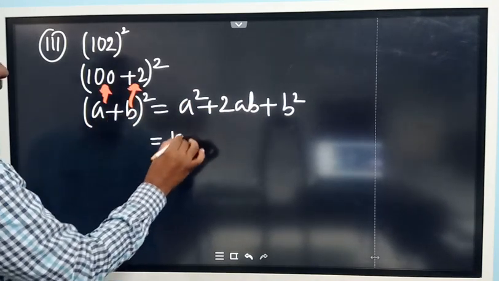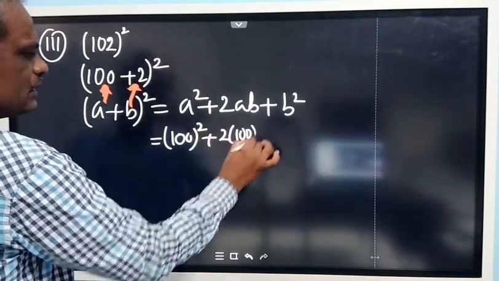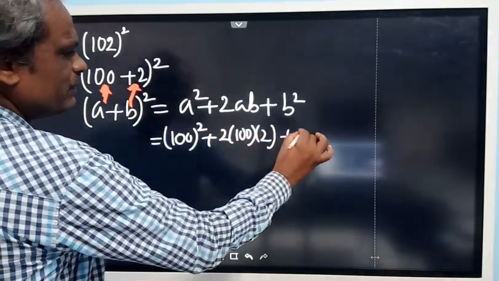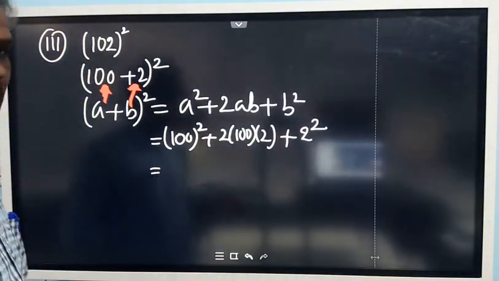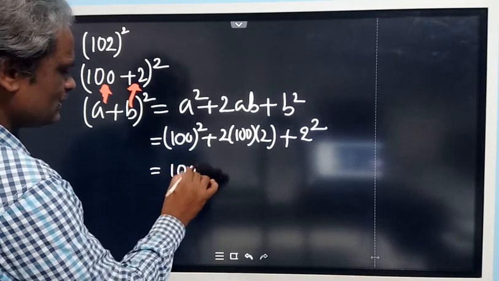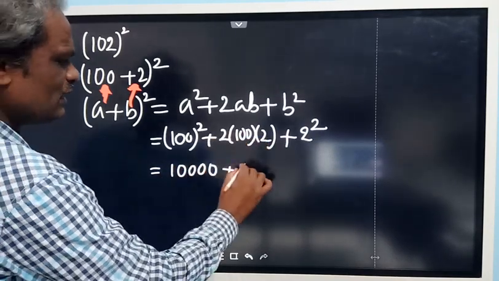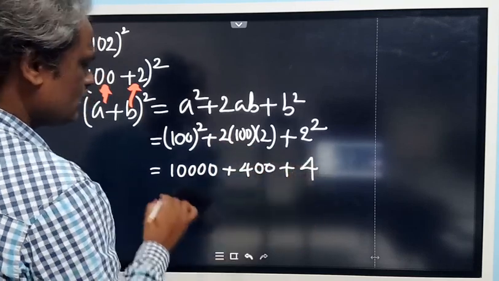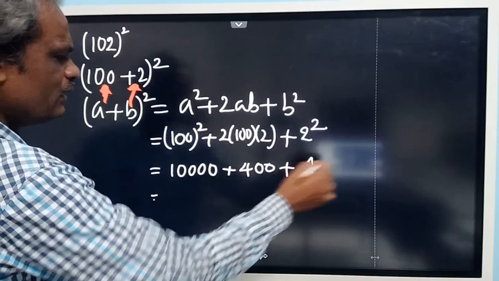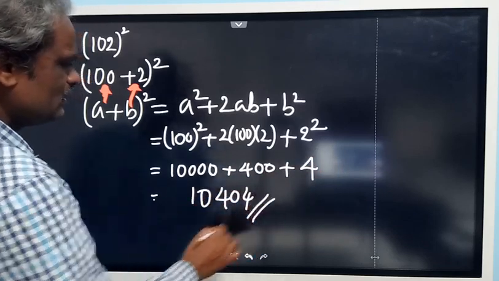So 100 square plus 2 into 100 into 2 plus 2 square. 100 square is 1 followed by 4 zeros. Then 2 twos are 4, 4 followed by 2 zeros. 2 square is 4. So 10,404 is the solution.